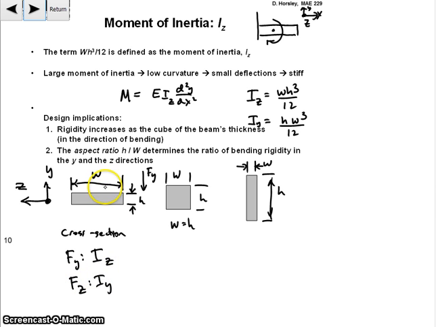And so this particular beam is very flexible for forces in the y-axis, and very stiff for forces in the z-axis. And this one is just the opposite, because it's the same beam and I've rotated it the other way.